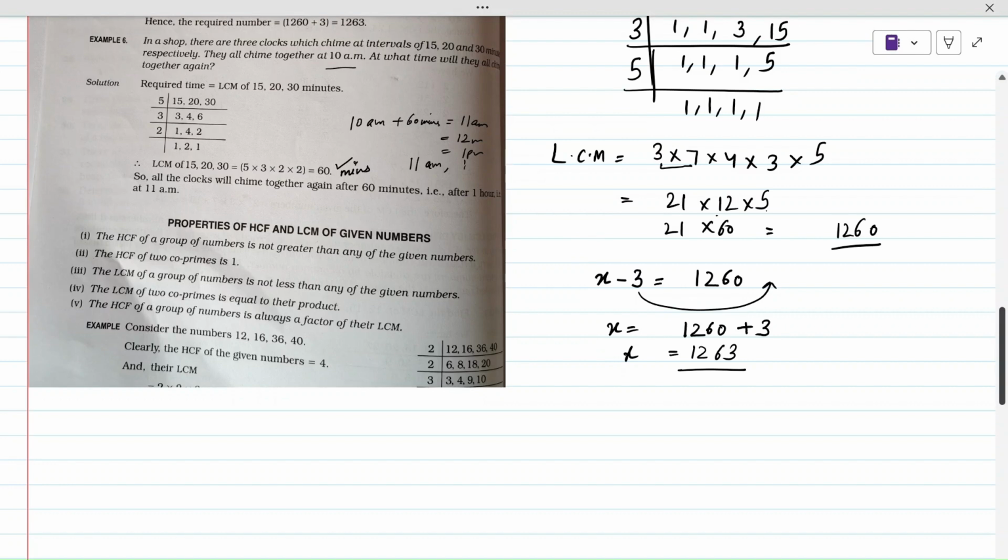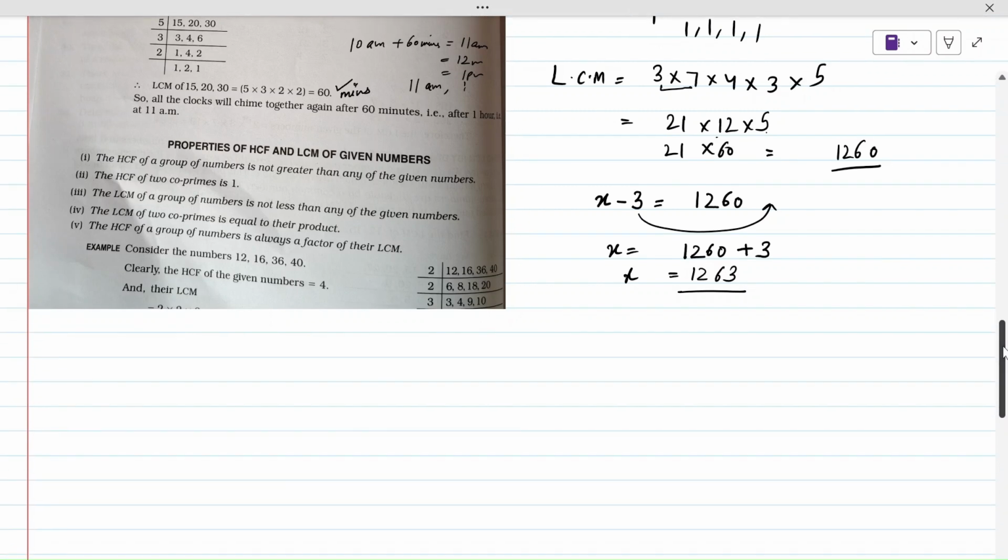We know how to find the LCM using both the prime factorization and division methods. Now let's go through the properties of HCF and LCM. The first property says the HCF of a group of numbers is not greater than any of the given numbers. For example, take any four numbers: 67, 23, 116 and 148.